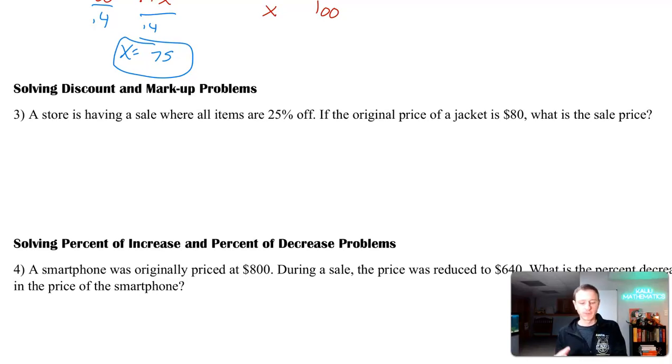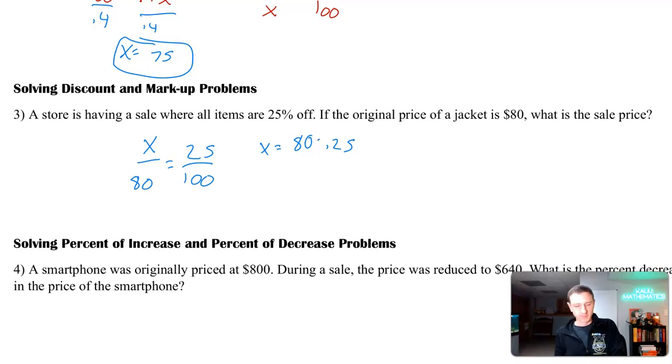So we want to know what is 25% of 80. If I just set up a proportion, I can solve it that way. And you could also just say, well, if I want to take 25% off of 80, what is 25% off of 80?